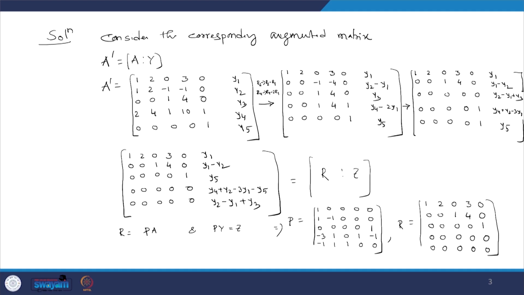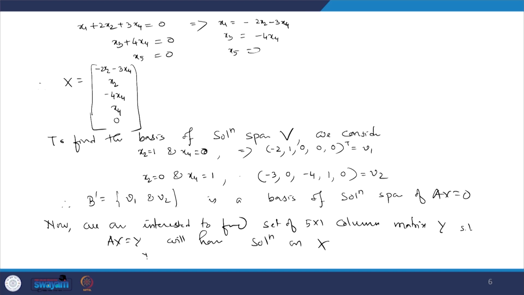Similarly, in the fifth row, y2 minus y1 plus y3 has to be equal to 0.